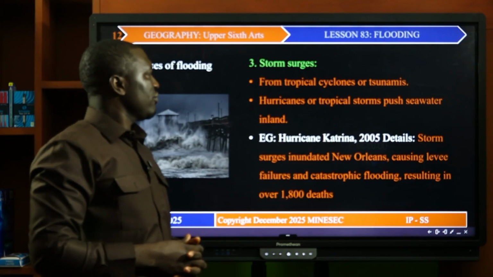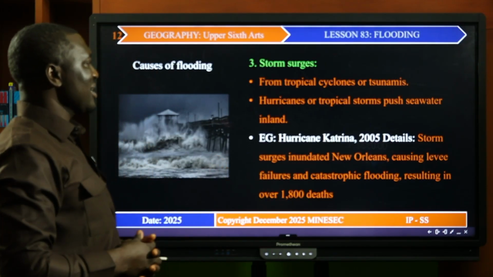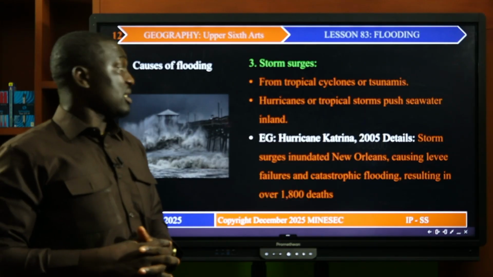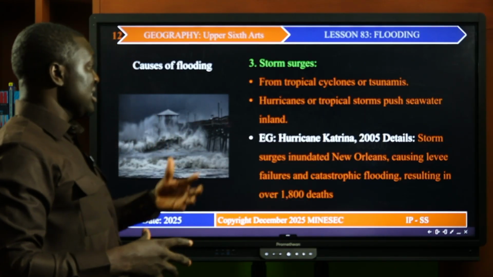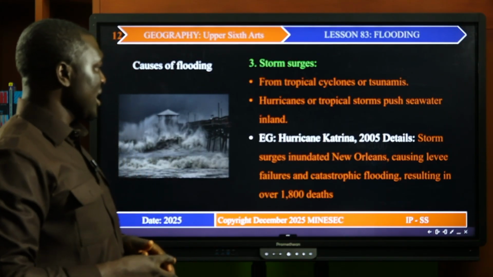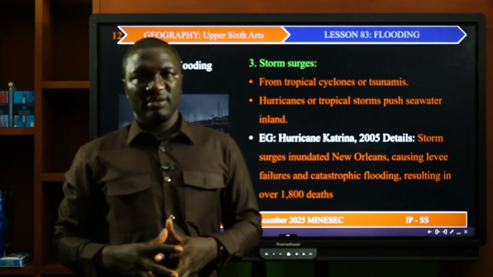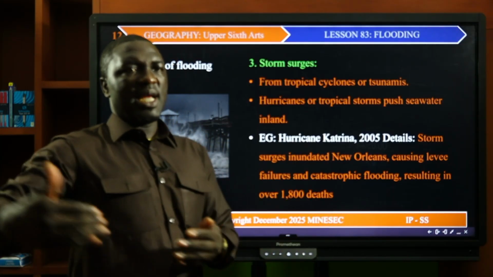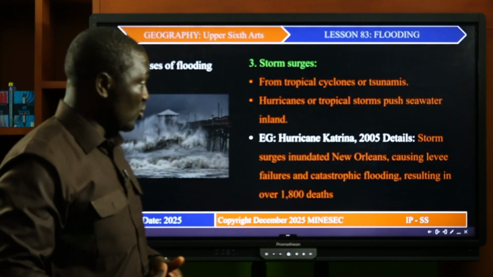Storm surge from tropical cyclones and tsunamis. Hurricanes, the tropical storm pushed seawater inland. Water rushes to the land, leading to floods.